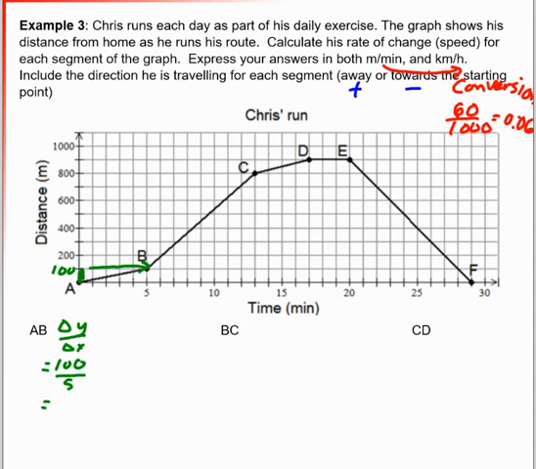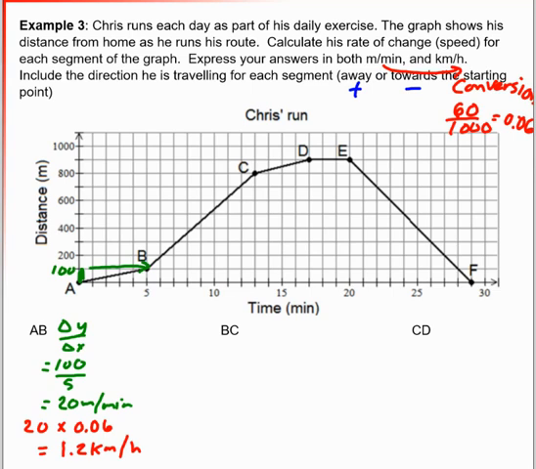So that gives us 20 meters per minute. All right, and we're going to convert that to 20 meters times 0.06, and that equals 1.2 kilometers per hour. That's pretty slow. That's a slow speed.